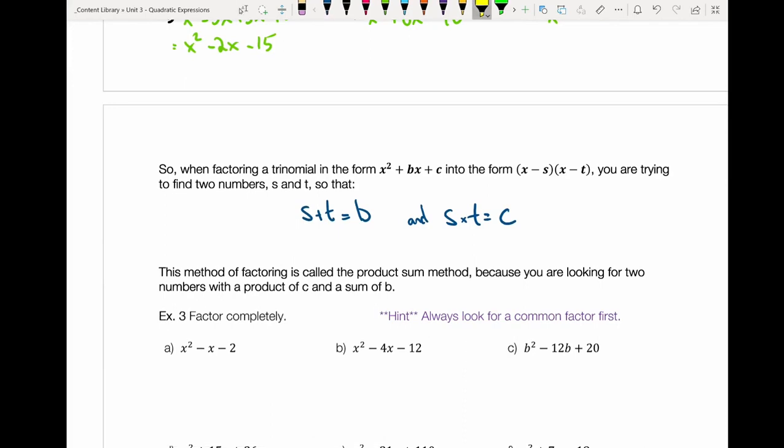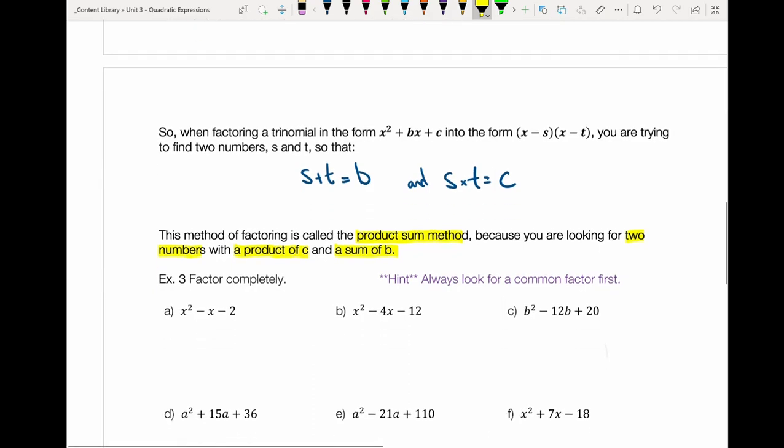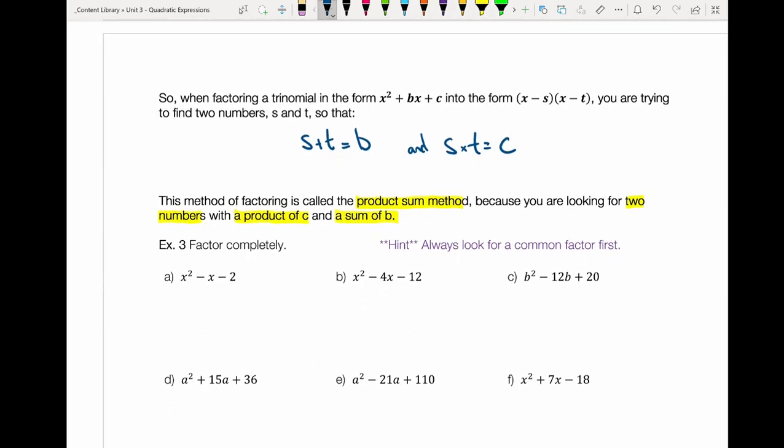So the method that I'm using is called the product sum method because I'm looking for two numbers with a product of c and a sum of b. So whenever you see me use P and S, that is looking at the product and sum. What I want to do now in the next example is factor it completely.